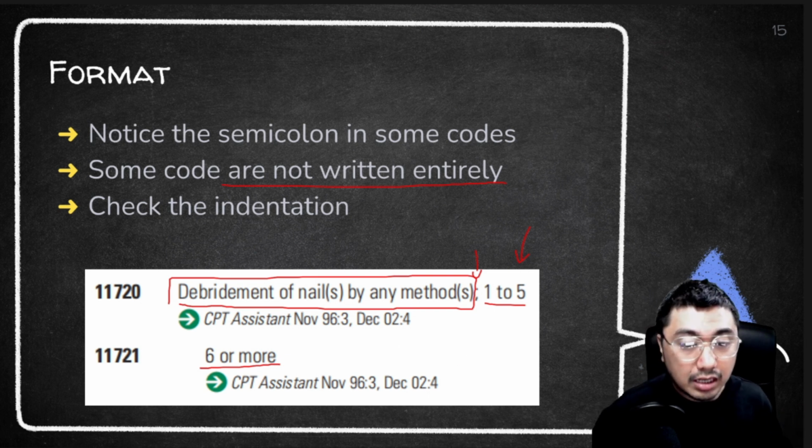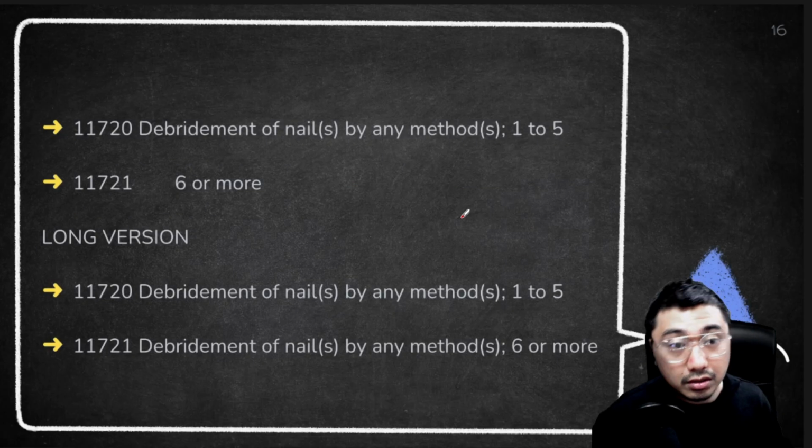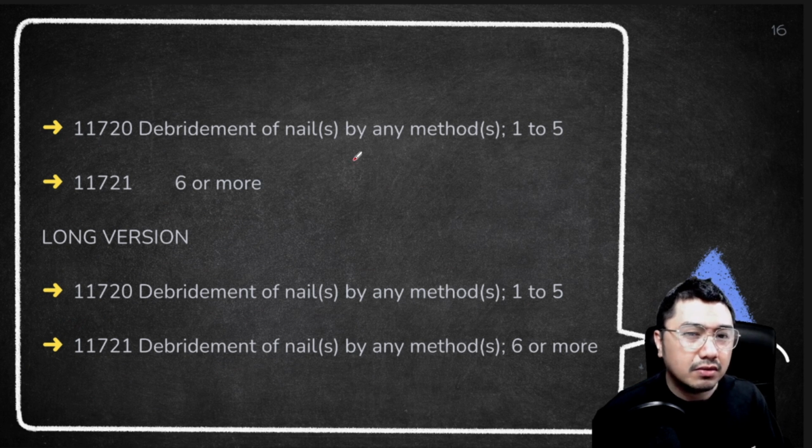That's it, okay? Let's have a breakdown of those codes. You have your 11720 from your book, but if it's the long version, it will be written like this: debridement of nails by any method 1 to 5. Debridement of nails by any method 6 or more.